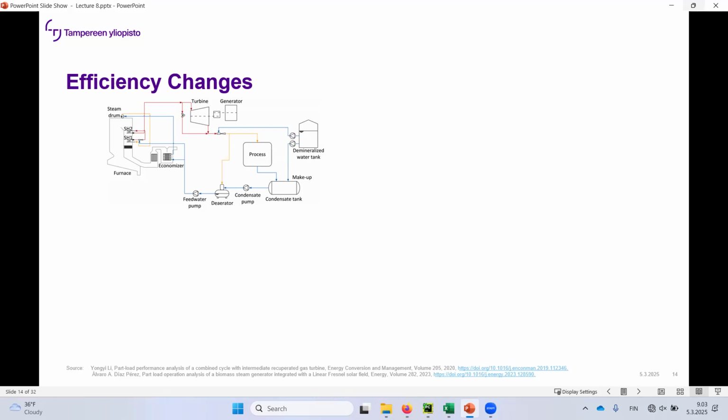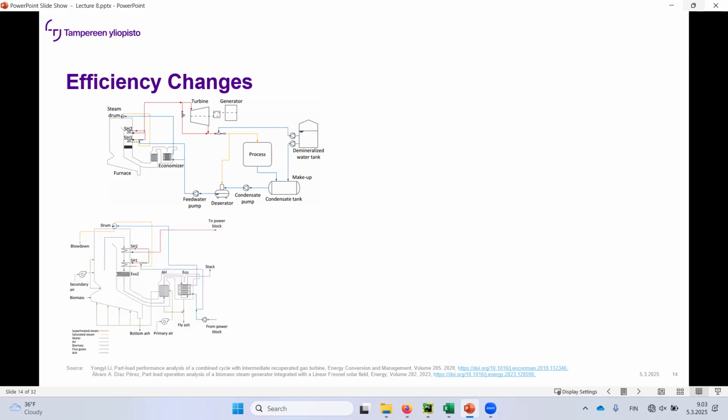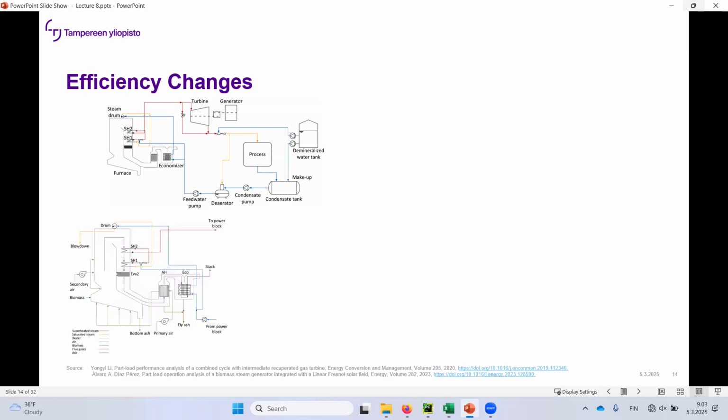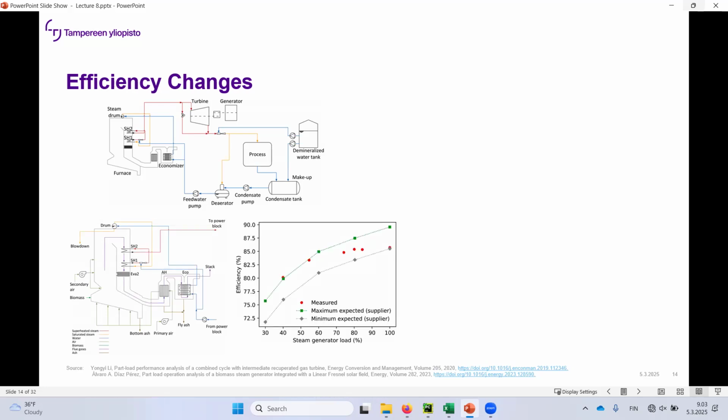So efficiency changes. I found a couple of these systems. So here you can see there is a grate firing boiler, so furnace in here, and it's described in a bit more detailed manner here. And what they were determining in this article was the efficiency of the system.